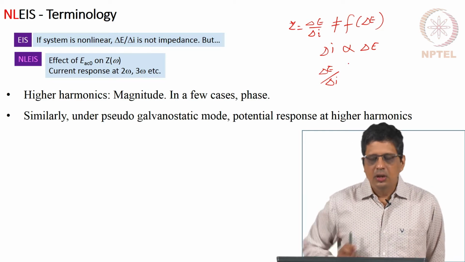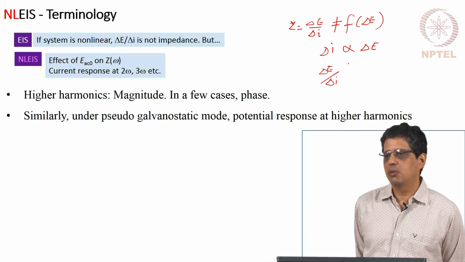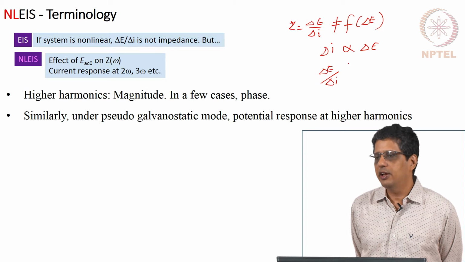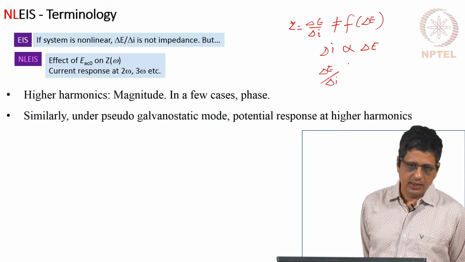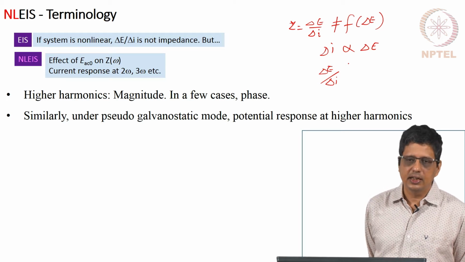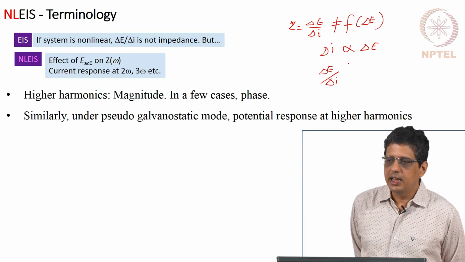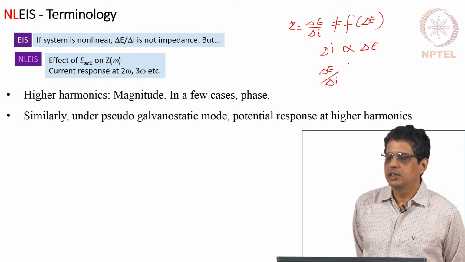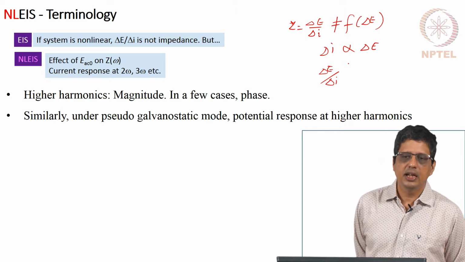You can also measure the current response at higher harmonics. If I apply 5 hertz frequency, I will get a signal at 5 hertz, and I might also get signals at 10 hertz, 15 hertz, 20 hertz. When the system response is in the linear regime, those signals at the higher harmonics will be negligible.